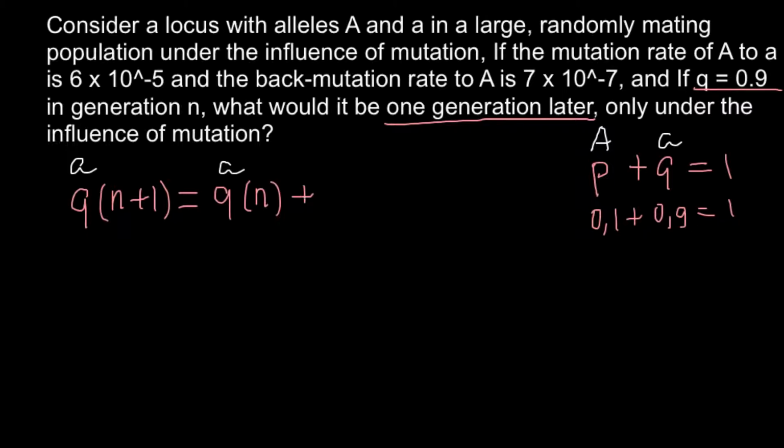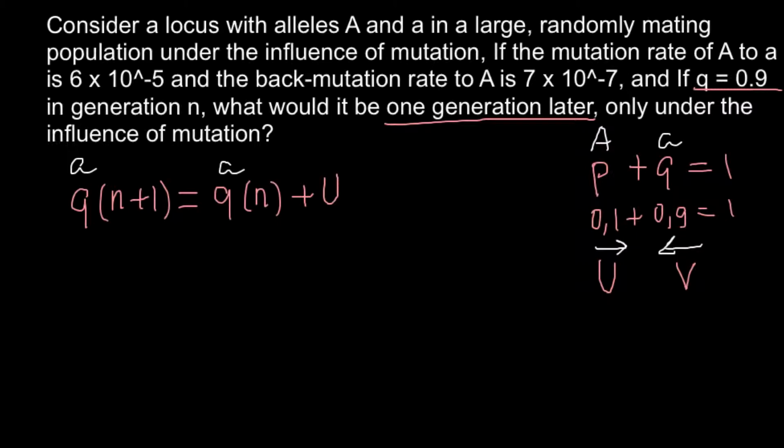plus the forward mutation, and this would be u. So u stands for the forward mutation, and v stands for the backward mutation rate.